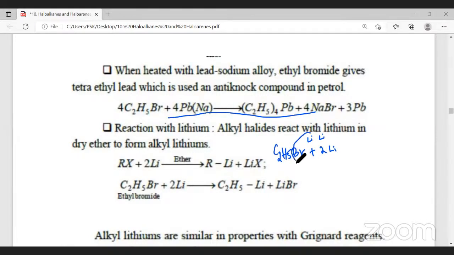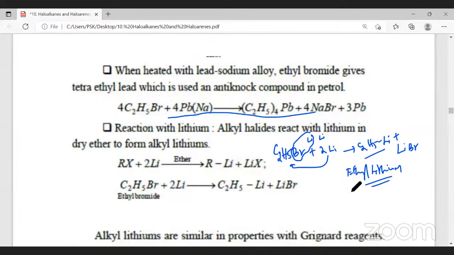What happens now? This Li and Br gets eliminated as LiBr. In place of Br, the second lithium goes. So you get C2H5Li. It is named as alkyl lithium, and specifically it will be called ethyl lithium.